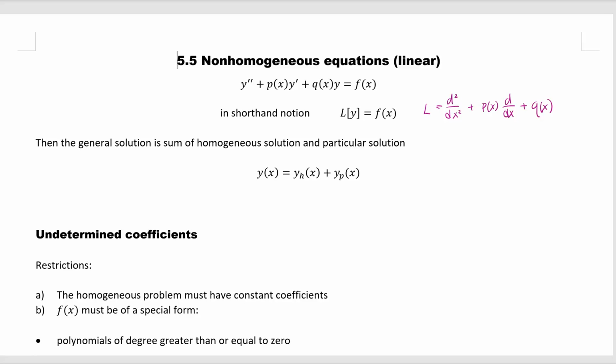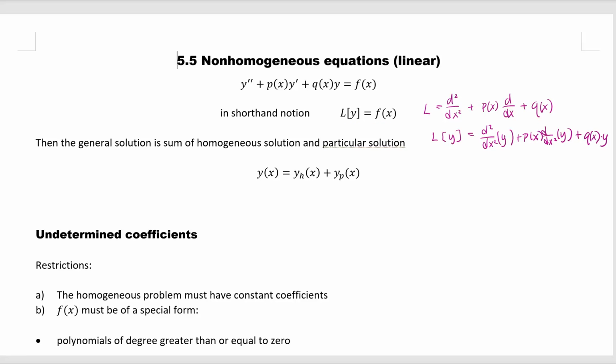And when you apply the linear operator to y, you have the second derivative of y, plus p of x times the first derivative of y, plus q of x times y. Okay, everybody? So this is a shorthand notation.